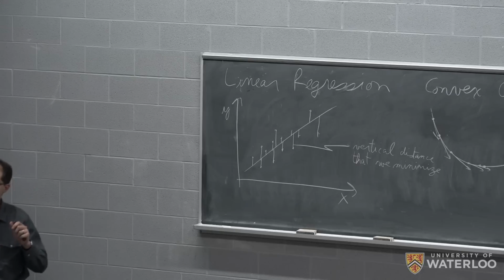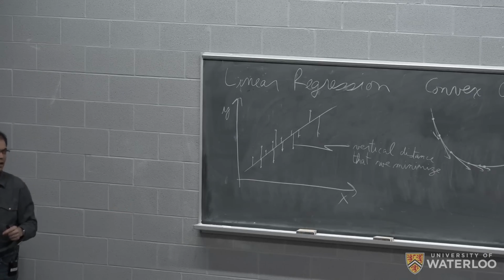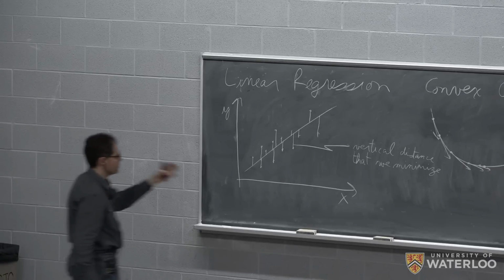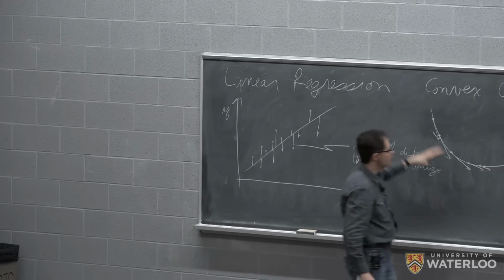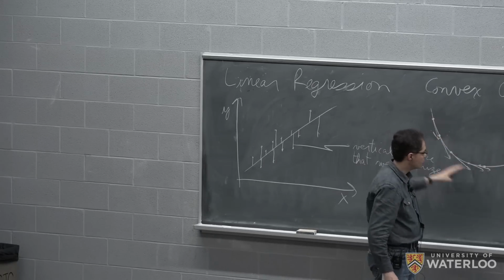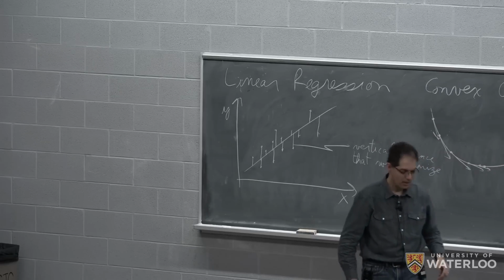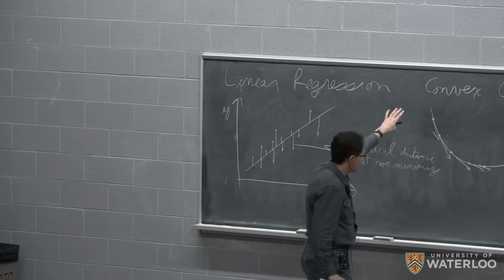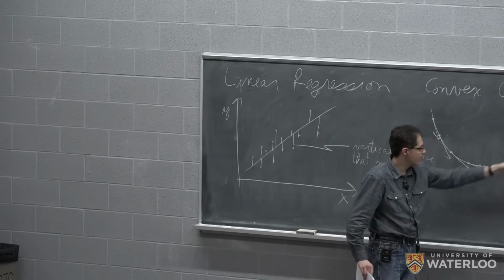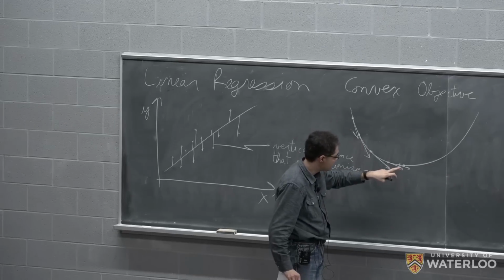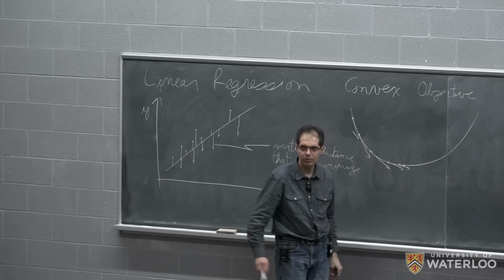Oh, can there be multiple solutions? No, in this particular case, there is a single solution, because, as I explained, our objective is convex. It turns out that it's a quadratic function, and whenever it's a quadratic function, it will have a nice bowl shape like this, and there's a single minimum.